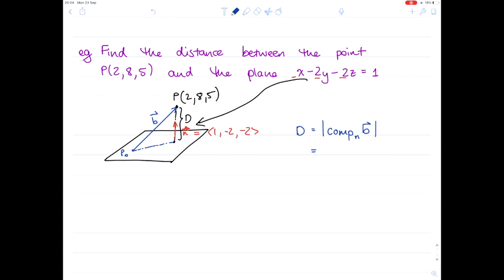And we know from the work that we did on vectors that this component of our normal vector in the direction of b is given by this equation here, where we're finding the amplitude. So if we think about this, what do we already know?